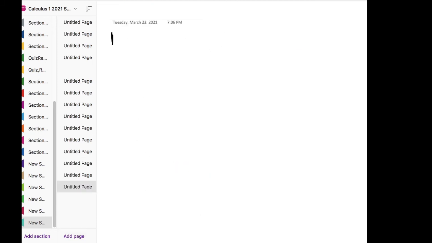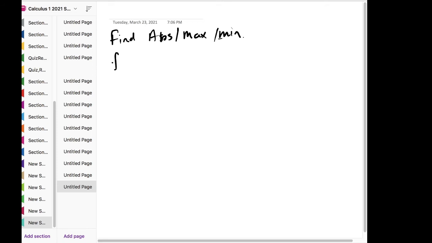So same deal, find abs max and min, and here's the function. And here's the interval.